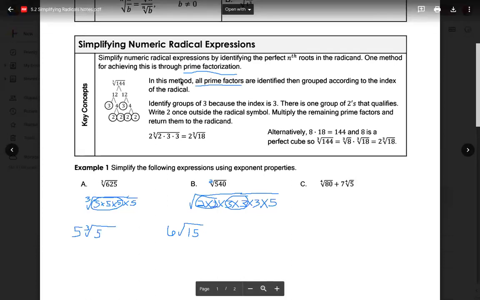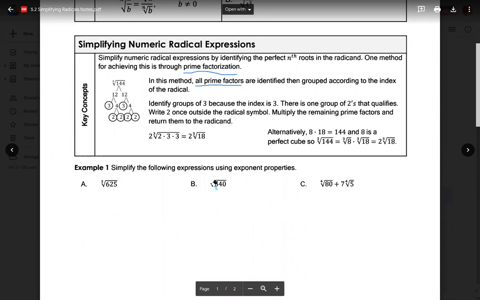What I'm going to go ahead and do right quick is show you guys a couple more on a different page, that way you can get a couple more problems done. So let me flip pages right quick.